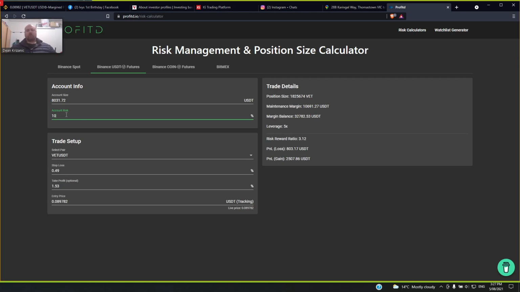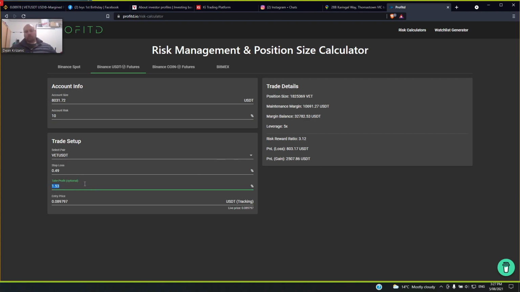But obviously, if you put another zero on it, there you go, 10% of your account size, and then you're making $2,500, but you're also risking $803. So when you want to increase those things, you want to be getting it on a nice entry on a fib level or support level, so that way it doesn't have to move much.